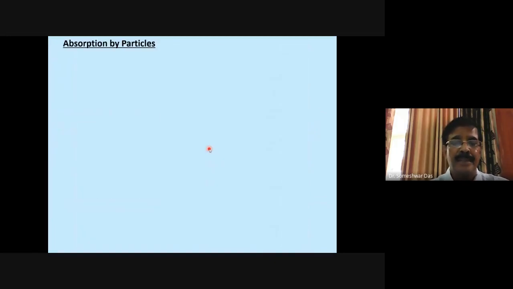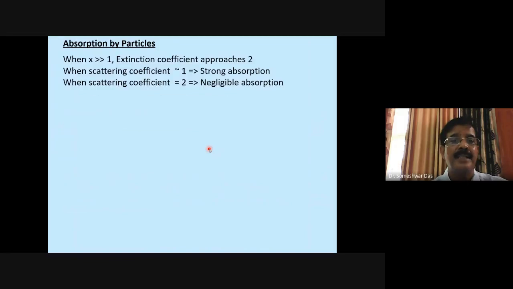Further, another important thing is the absorption, the absorption of radiation by the particles. When x is much greater than 1, the extinction coefficient approaches 2. When the scattering coefficient is approximately 1, there is strong absorption, whereas when the scattering coefficient is equal to 2, the absorption is negligible.